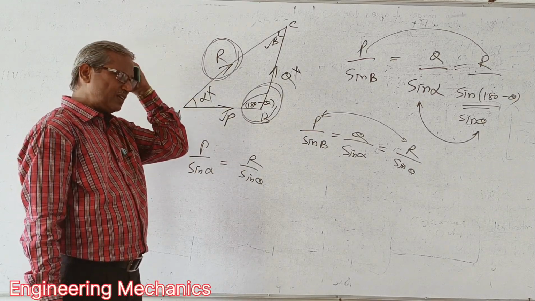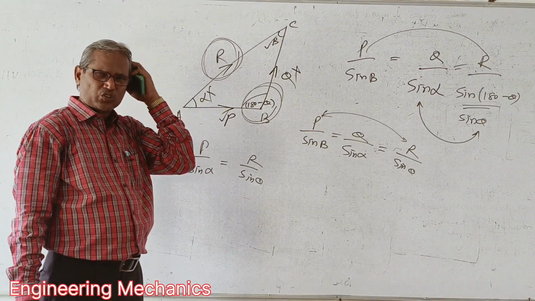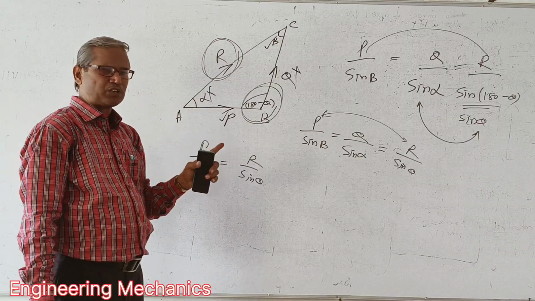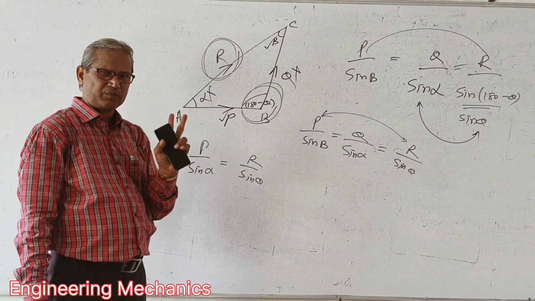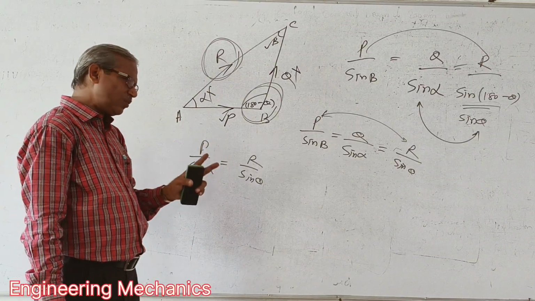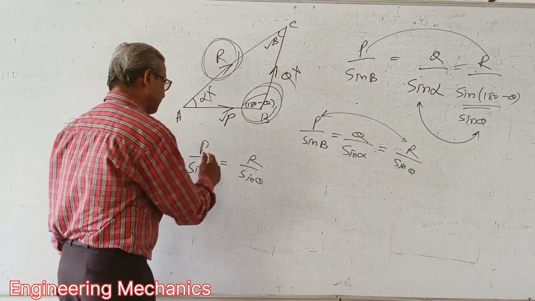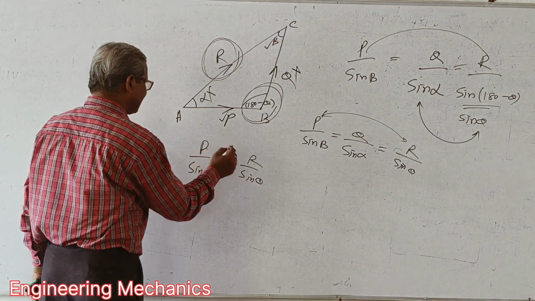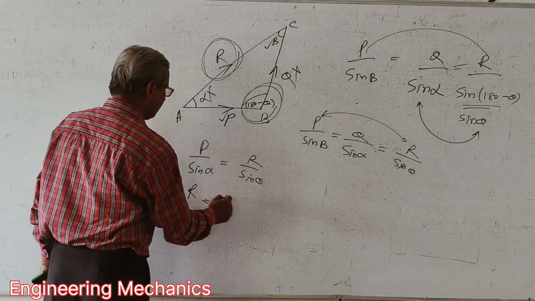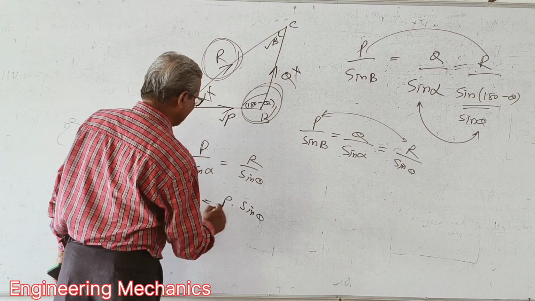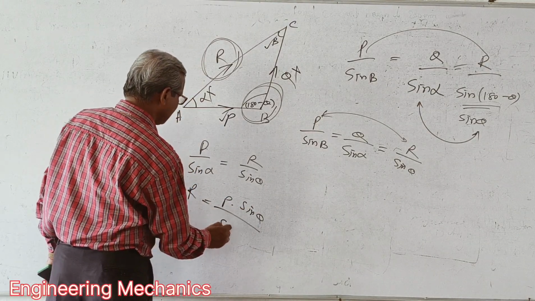First we apply the magnitude of the resultant force, R is equal to root of P square plus Q square plus 2PQ cos theta. Then we apply this formula. What is R equal to? P into sin theta by sin alpha.